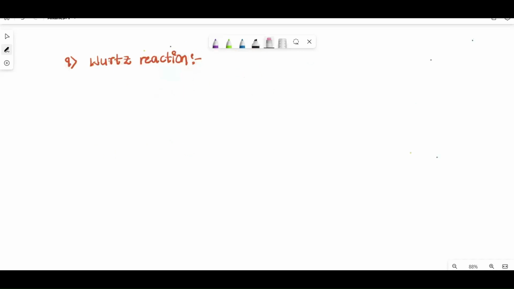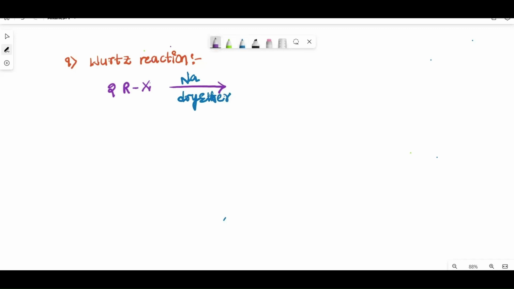Let's see one example here. Generally, you will take 2 moles of alkyl halides in the presence of sodium and dry ether. For Wurtz reaction, we will use this reagent, sodium in the presence of dry ether.